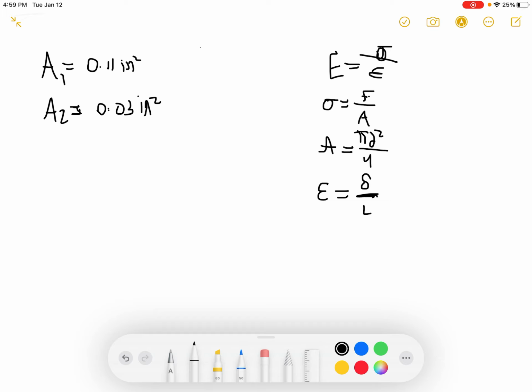Now, we can find the stress. We have the force is going to be the same for both of them. So the stress for the first one is 225 divided by the area, which is 0.11. And when we do that, we get 2045.46 psi.